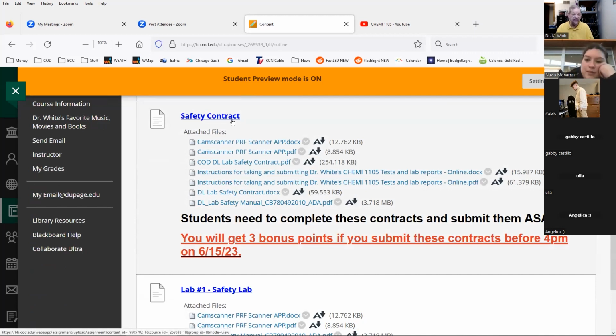It's called the safety contract. And here, there are two things you need to fill out. One is the COD DL Lab contract. I think there's only one thing. Let me check this.